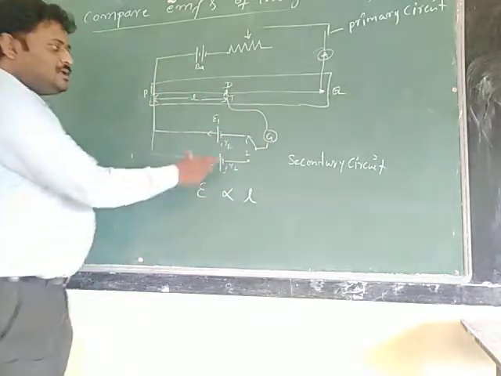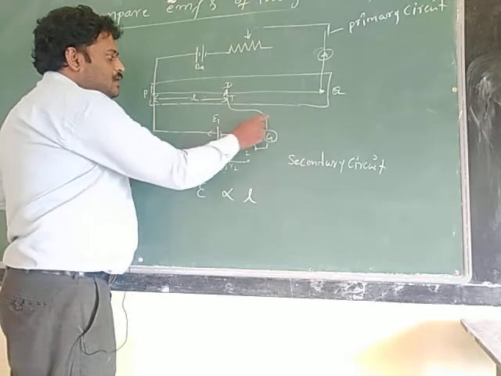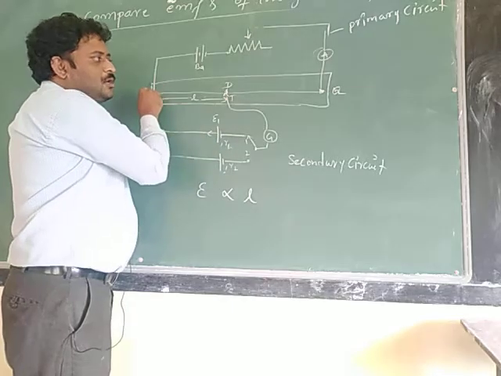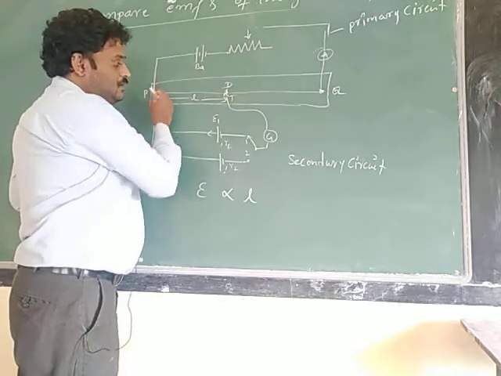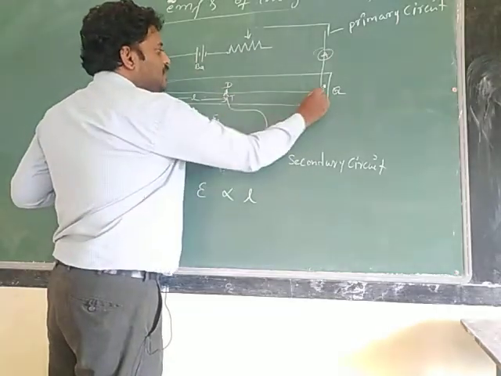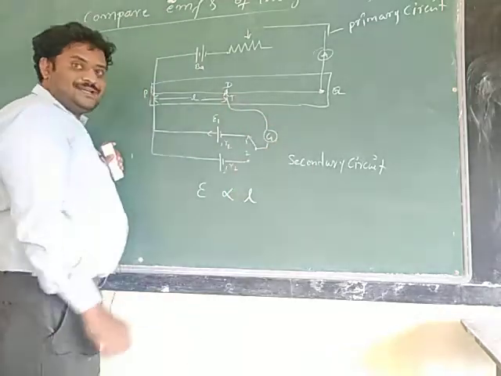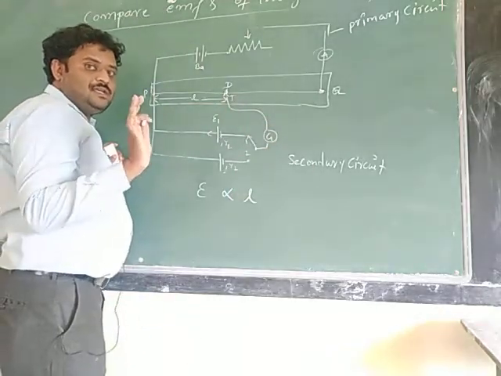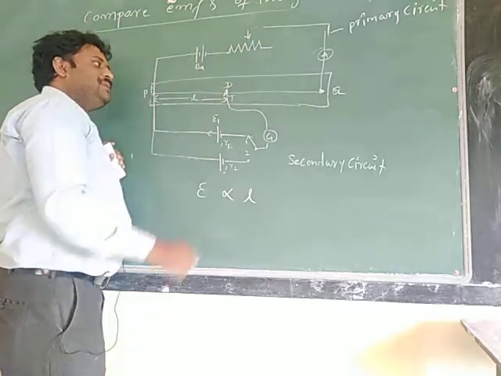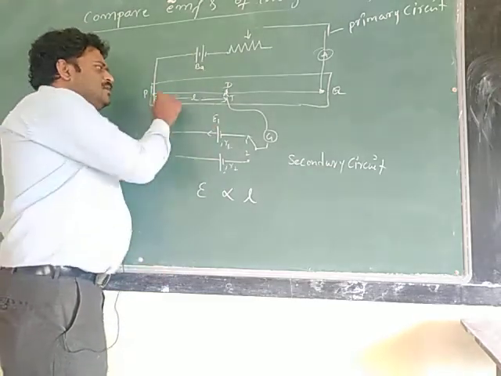Suppose I connect the cell 1 at the beginning and repeat the experiment. Take a jockey and keep it at the point P, the galvanometer will show a deflection in one direction, and if you keep the same jockey at the point Q, the galvanometer will show a deflection in the opposite direction. It clearly indicates that the connections are proper. Then you slide the jockey over the uniform cross section of the wire.